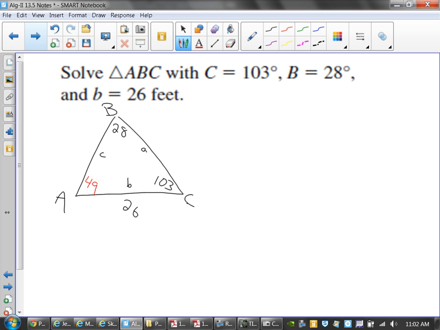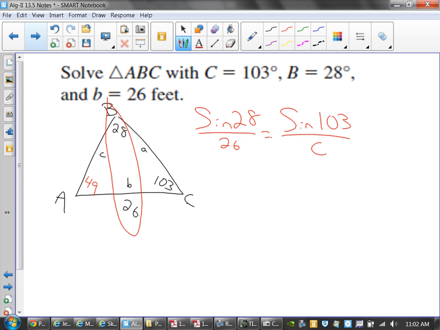When you set these things up, just reuse your givens. Constantly reuse your givens. In this case, I'm given angle B and the side opposite it. Sine of 28 is to 26, as the sine of 103 is to side C. I'm going to solve for that one first.